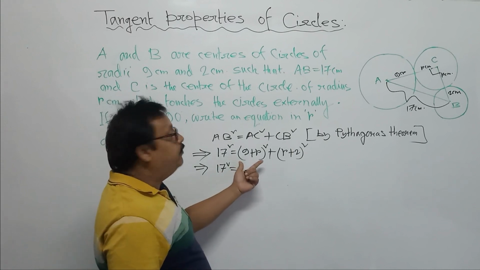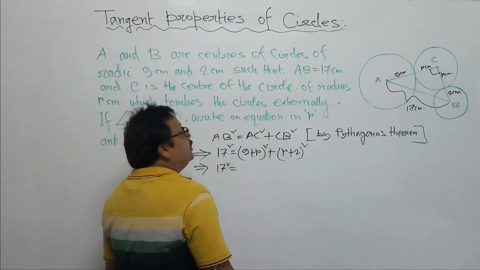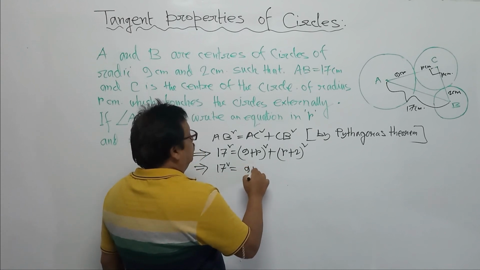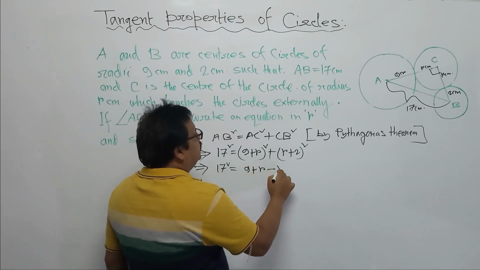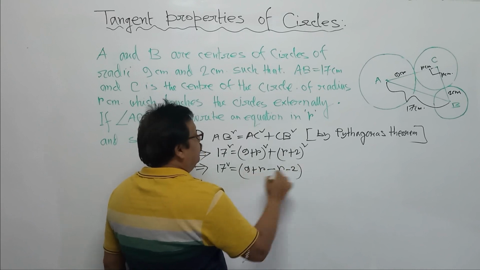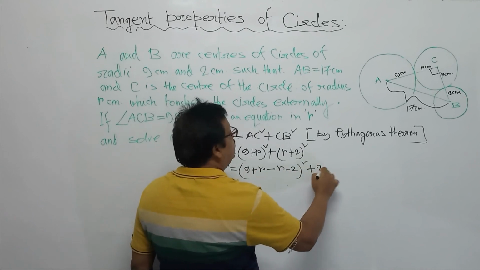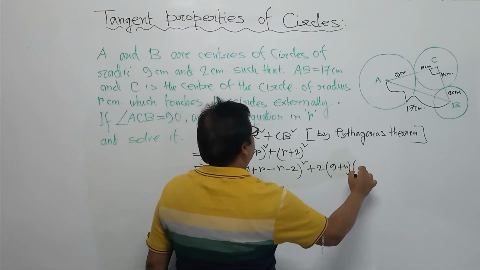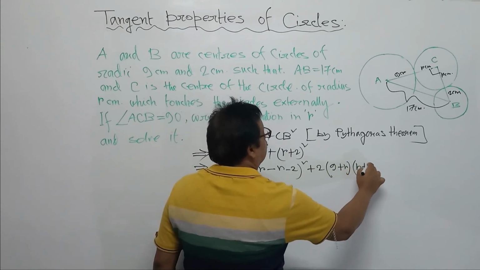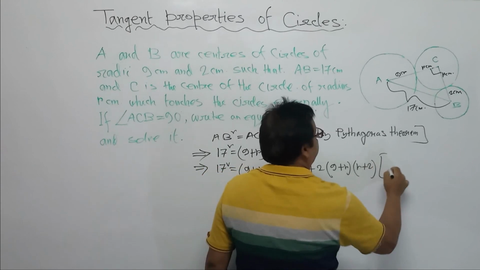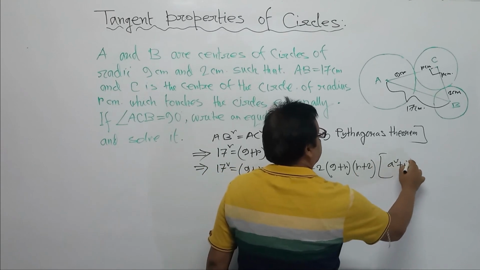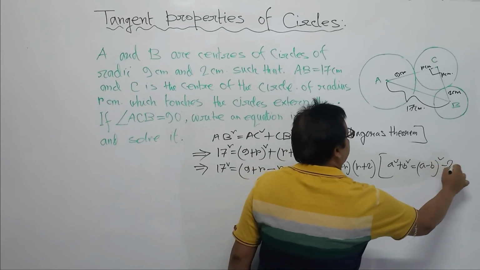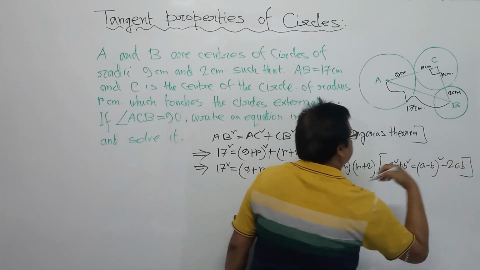You use here the formula a square plus b square equal to a minus b whole square plus twice ab.